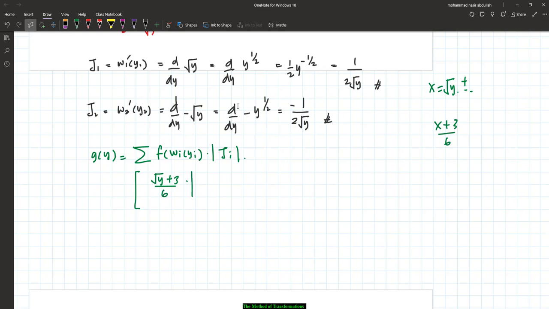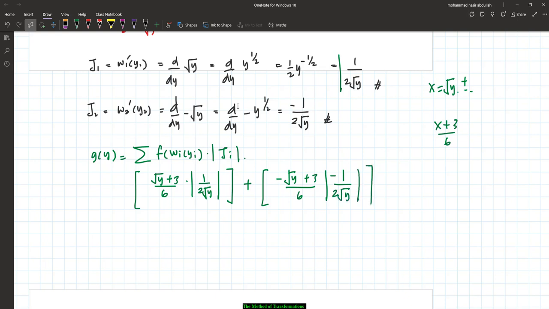Multiply with the absolute value of j1. So 1 over 2 square root of y. So this is the first one, plus, and then negative square root of y plus 3 divided by 6, multiply with 1 over, this is negative 2 square root of y, right?